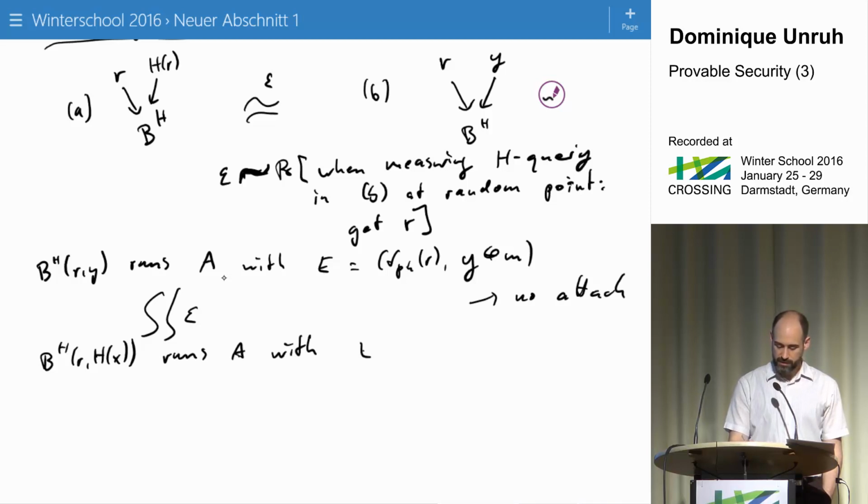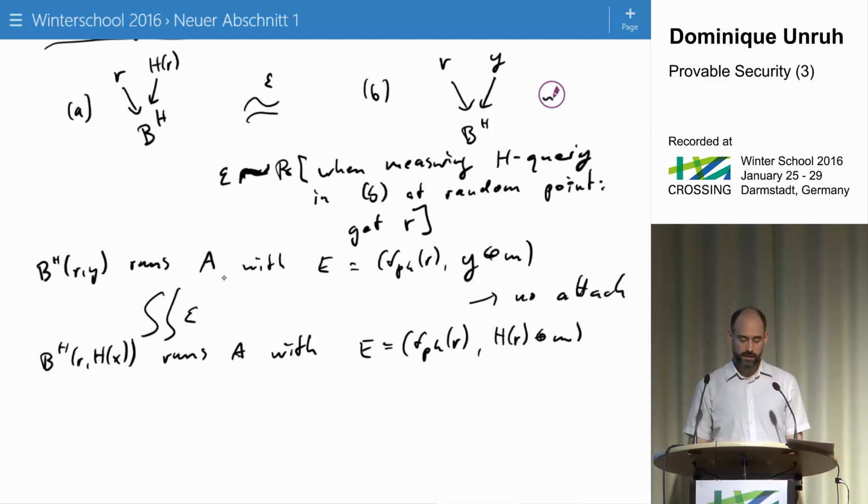which runs the adversary with the encryption scheme like this, because instead of y, it got the input h of r. And now we are in the original setting. So we have that the setting where this one query is replaced by y is indistinguishable from the one where it's still a random oracle.